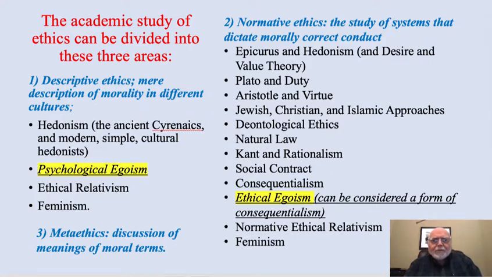In this course, we're primarily looking at normative ethics, but you will notice that I've highlighted that there's a sense in which ethical egoism has a corresponding descriptive form, psychological egoism. And in a sense, it's not really an ethical theory at all. It's a description, which is exactly what descriptive ethics is, a description of the way people behave.